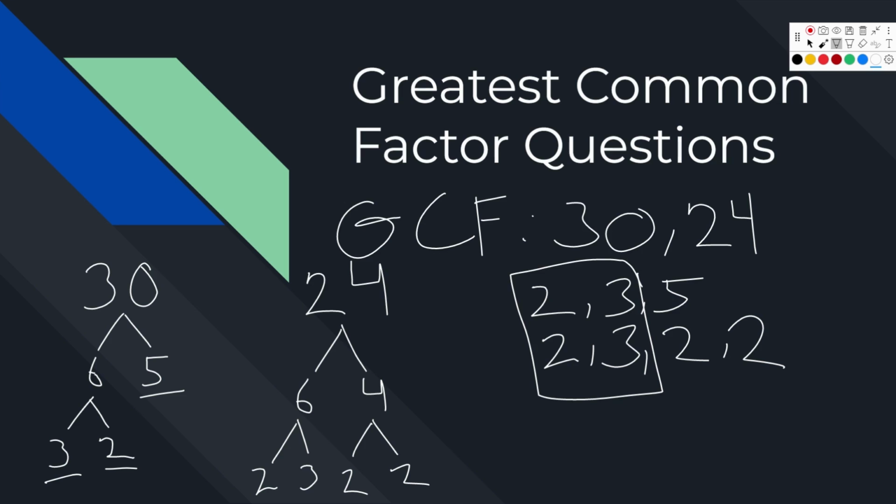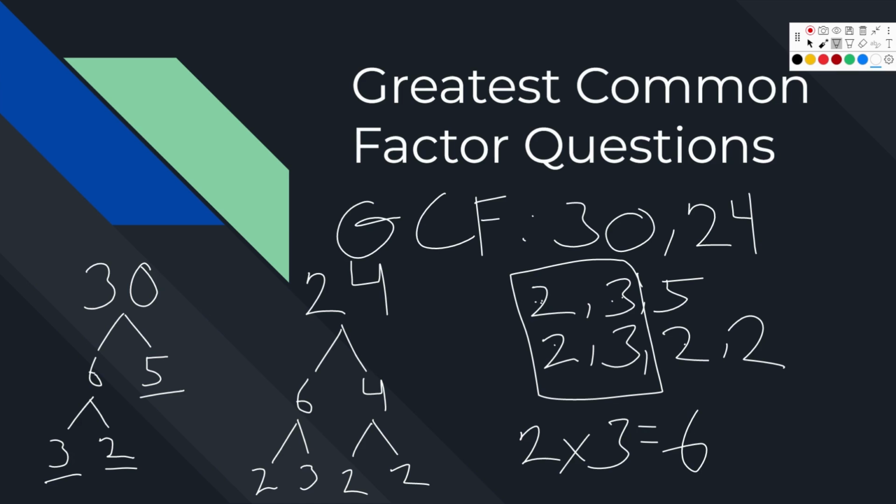The 5 and the 2 don't match, and the other 2 is just left over. So using these numbers, we're only going to take them once and we're going to multiply them. So we're doing 2 times 3. We're not going to do 2 times 3 times 2 times 3. Only once they're matching. So we multiply the matching numbers and we get 6. 6 is going to be our greatest common factor between the two.